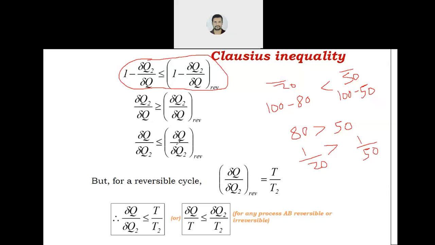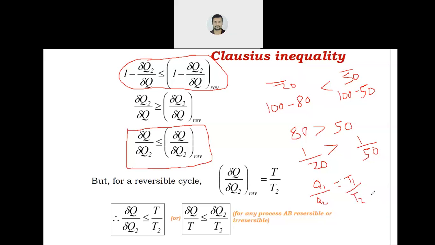We have just taken the reciprocals, dividing 1 by both sides, so again the sign will change. Again you will get the same thing. Correct? Now we know from the absolute thermodynamic temperature scale that Q1 by Q2 is equal to T1 by T2. Correct?